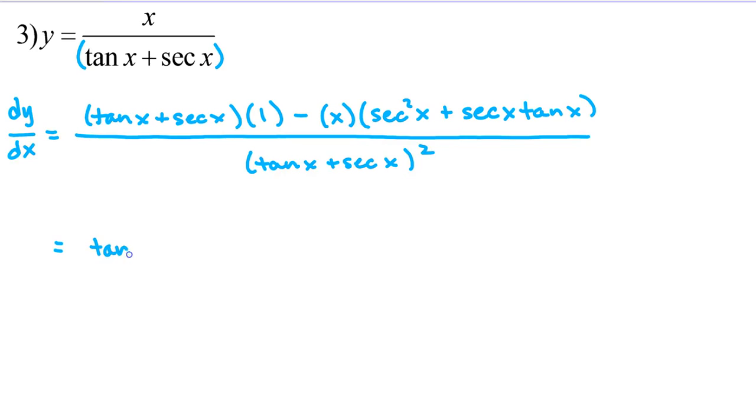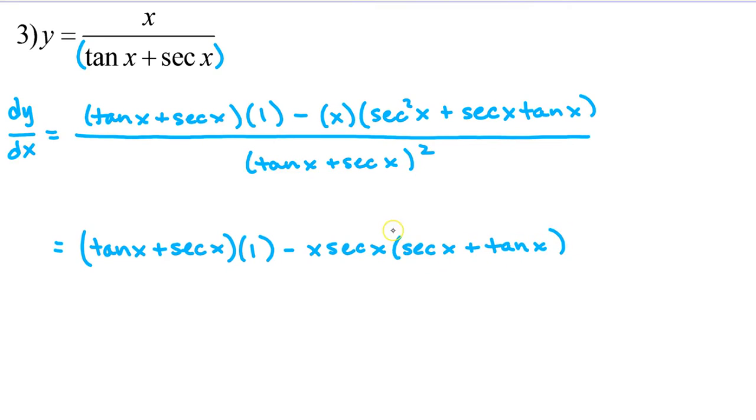Leave the first part alone. Factor secant x out of the second part. And if you want to write that as tangent x plus secant x, you can.